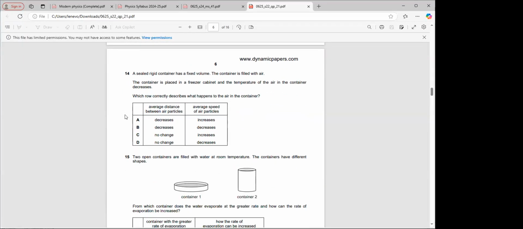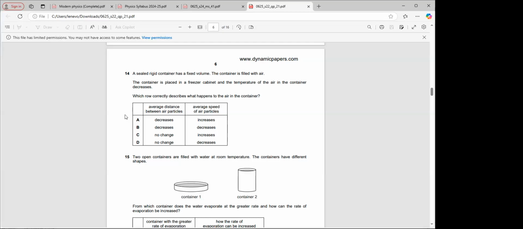Come to the 14th. 14 says a sealed rigid container has fixed volume. The container is filled with air. It is saying that the container is placed in a freezer cabinet and the temperature of the air in the container decreases.